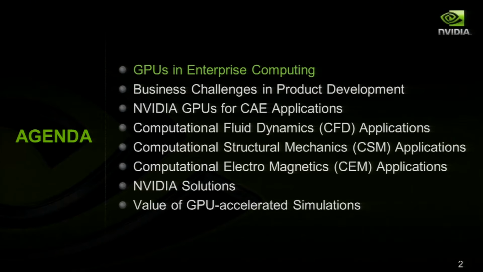Also, quickly emphasize the role of simulation in addressing those challenges, and then explain how NVIDIA GPUs accelerate CAE applications, and then move to particular applications in CFD, mainly ANSYS Fluent and Fluid Dyna solutions, and then discuss structural mechanics applications such as ANSYS Mechanical, Abaqus, and MSC Nastran, and then briefly touch upon computational electromagnetics applications such as ANSYS HFSS, and then present our offerings in accelerating the CAE applications, and then conclude with a value proposition for GPU simulations.